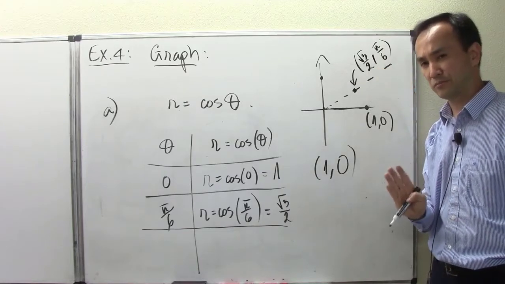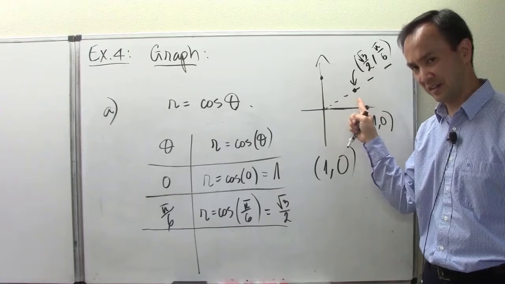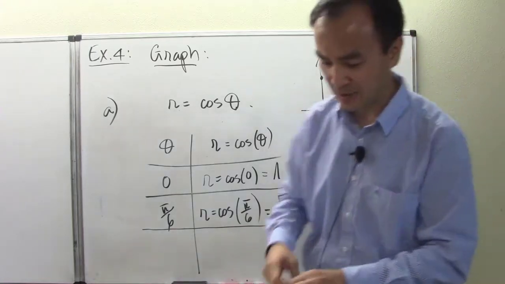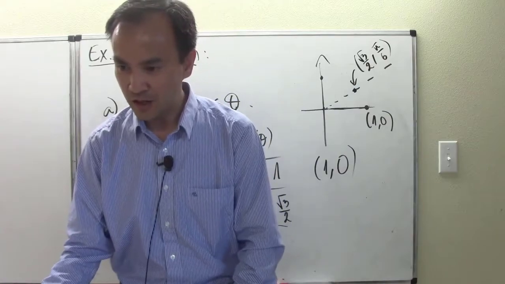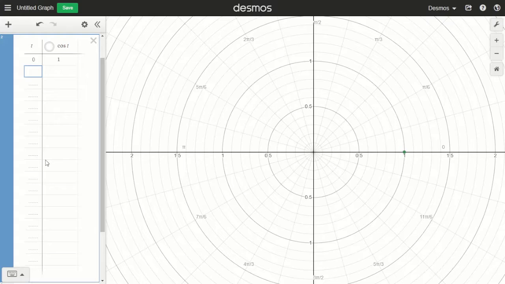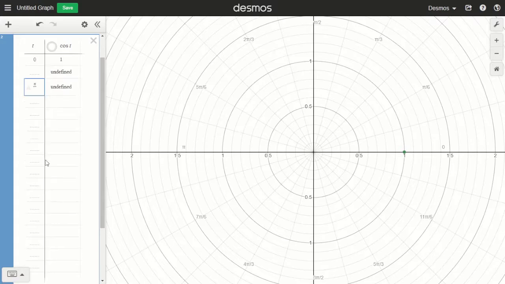I'm quickly going to run out of board space here. But now let's swing over to Desmos to see how Desmos gives us that precise picture. All right, with Desmos, I'm going to skip one line right here for a reason. And I'm going to go pi over 6.